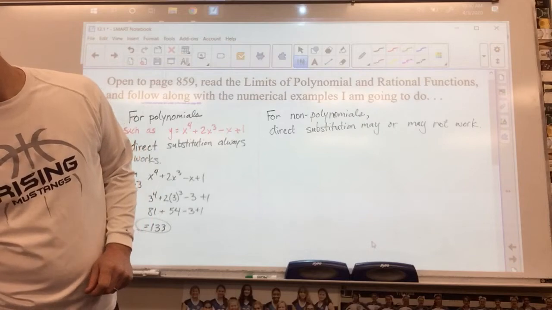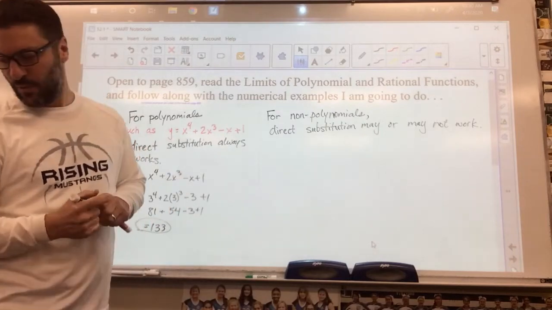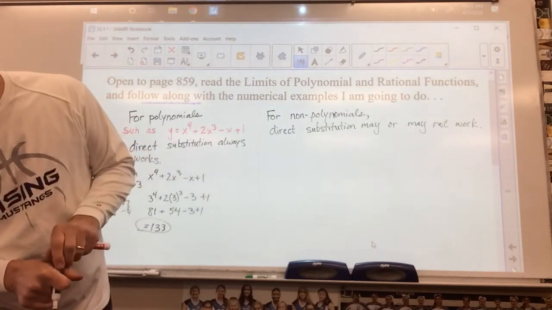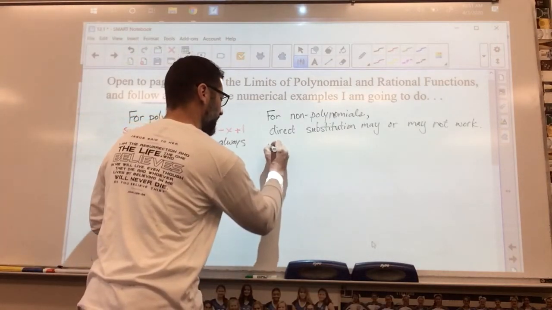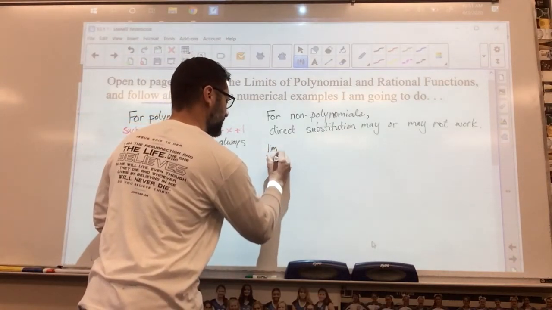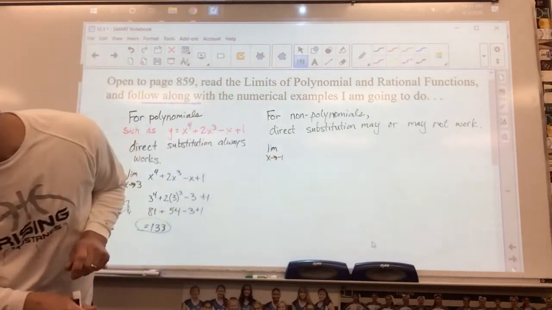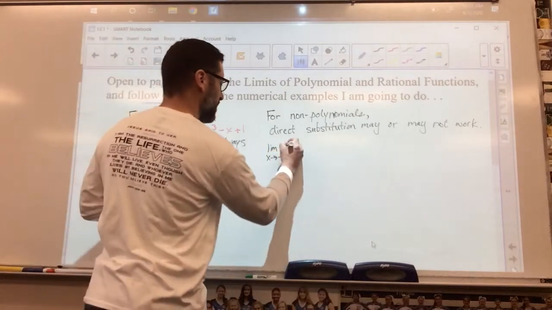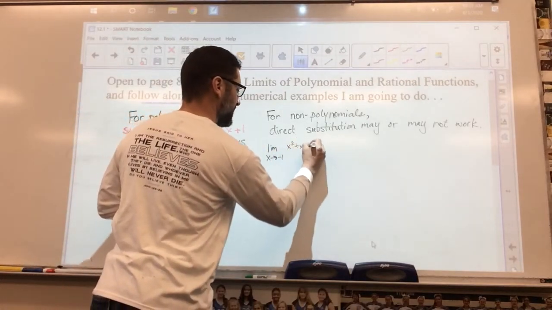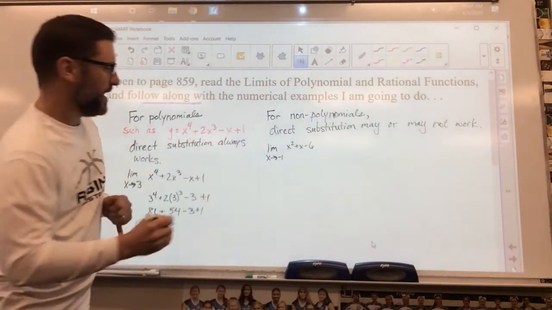So here is a common one, and it's a rational function. I have a few. The limit as x goes to -1 of x squared plus x minus 6, all over x plus 3.